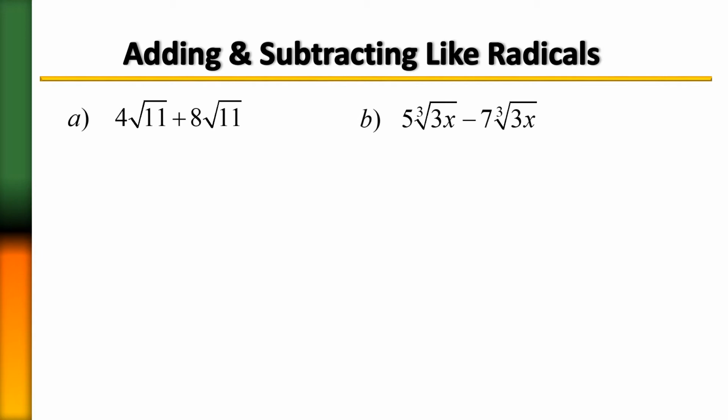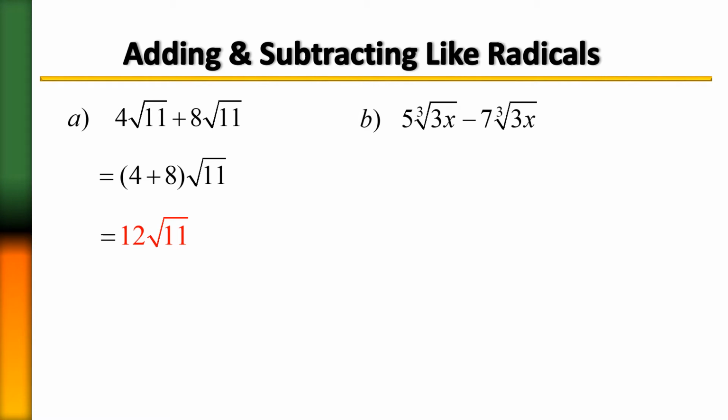We can proceed with adding them, and the way you add them is simply to add the outside numbers and keep the same radicand. So when I add 4 plus 8, that's going to leave me with 12 radical 11, because you keep your radicand. Let's go to the second example.